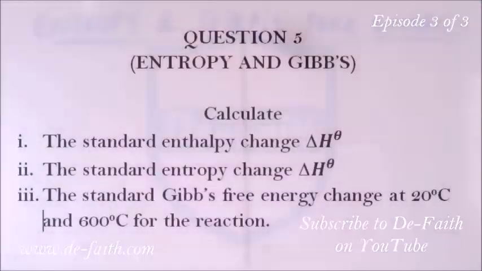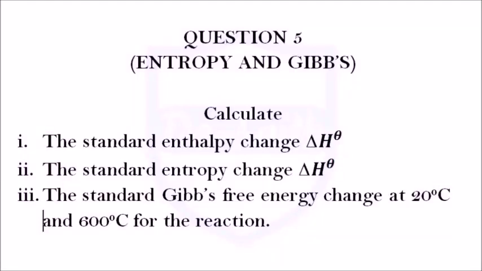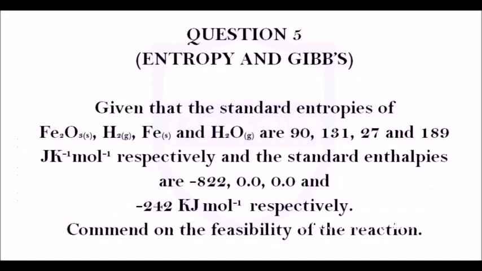Here's the next question. Calculate, Roman figure 1, the standard enthalpy change. Roman figure 2, the standard entropy change. Roman figure 3, the standard Gibbs free energy change at 20 degrees Celsius and 600 degrees Celsius for the reaction Fe2O3 plus hydrogen to give iron plus water.